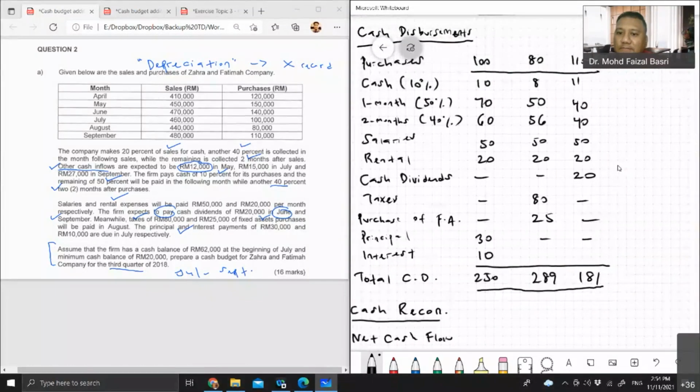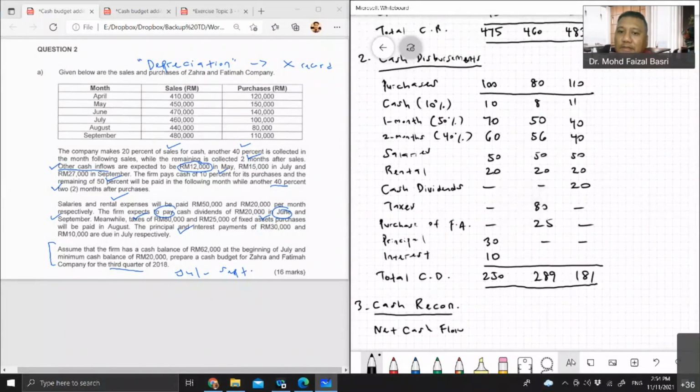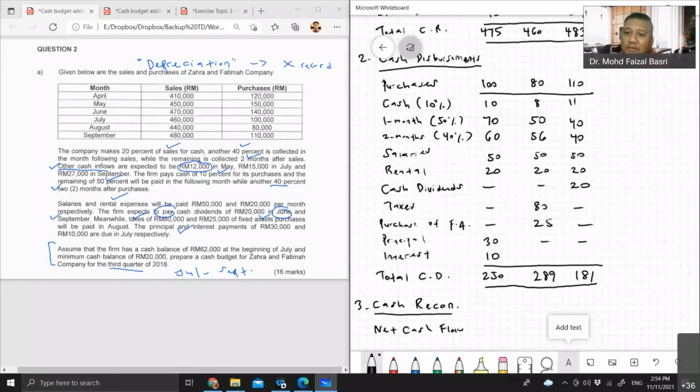The total receipts of 475 for July, we minus the total disbursement of 250 for the same month. So 475 minus 250, we have net cash flow of 225. Okay, good. So 225 for July.